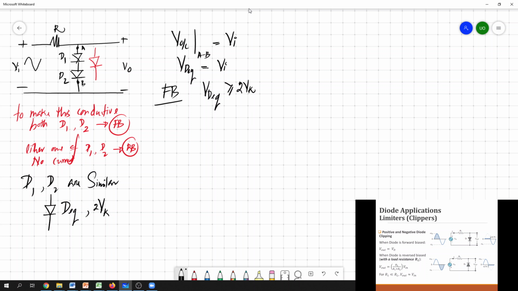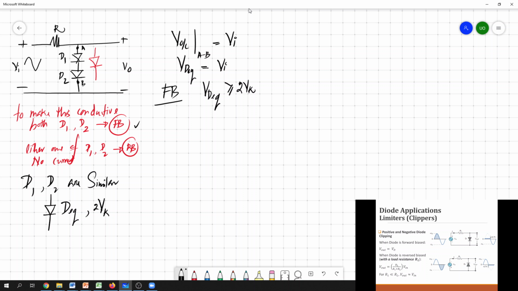2 VK. So if the voltage drop across this equivalent diode is greater than or equal to 2 times the knee voltage, then the equivalent diode gets forward biased. Again we can claim that if this equivalent diode gets forward biased, both D1 and D2 get forward biased. So to make D1 and D2 forward biased, you have to maintain at least 2 times VK voltage drop across these diodes.